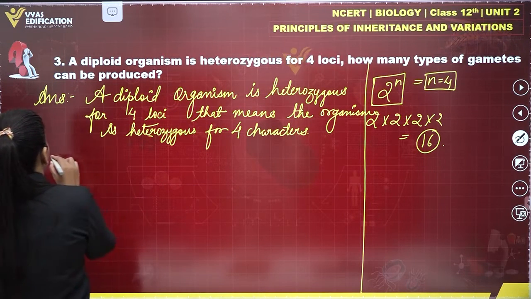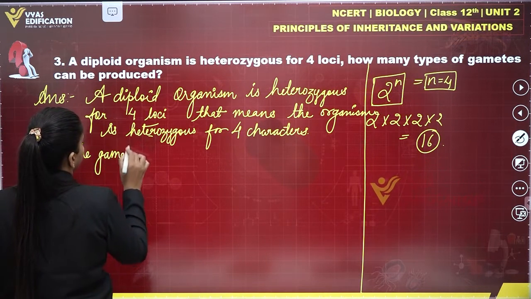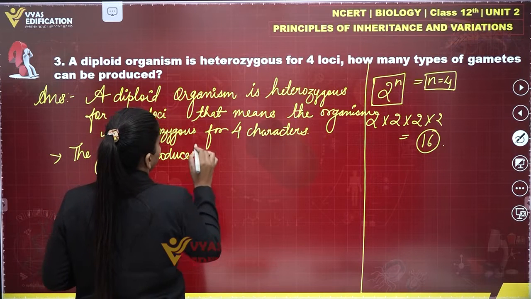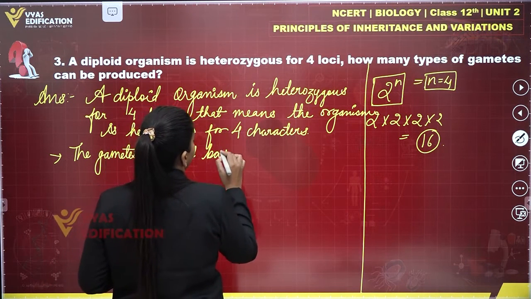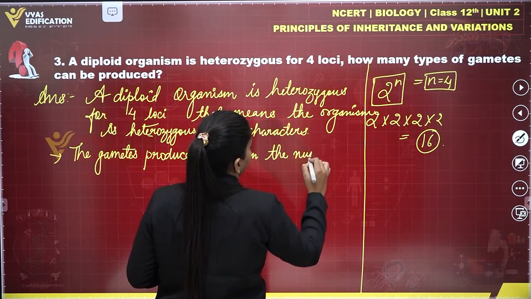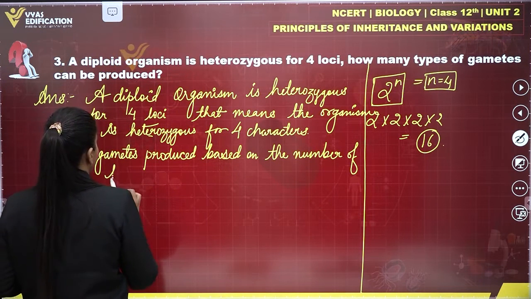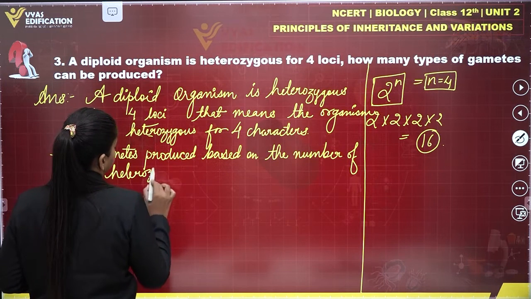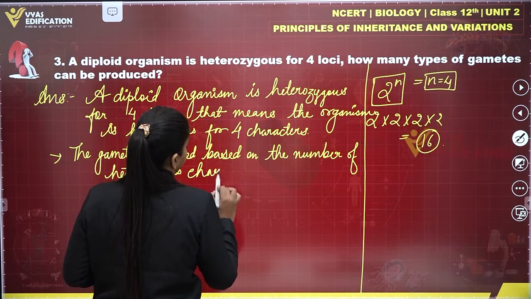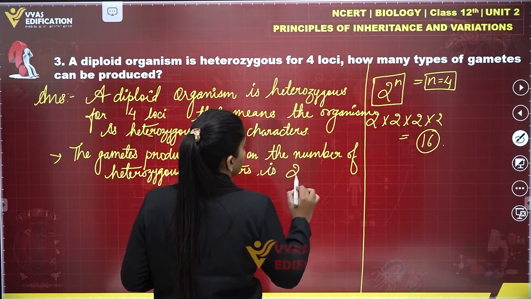Now if we talk about the gametes produced based on the number of heterozygous characters, it is 2 raised to the power n.